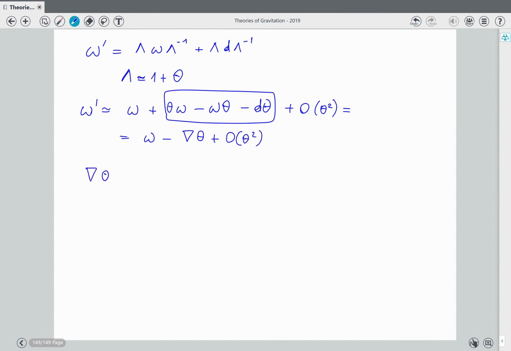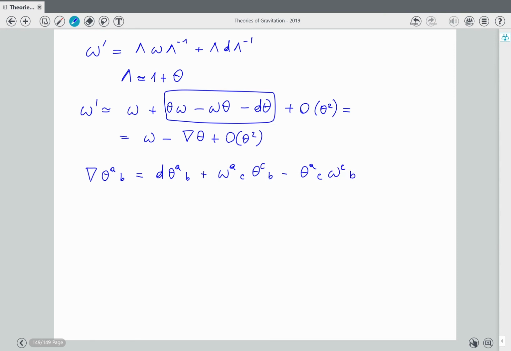Covariant derivative of theta, remember how we defined the covariant derivative of an object? With two indices, you have the exterior derivative, then you have an omega for the first index, if it is for the superscript, and here you have a minus omega to the other side, for the subscript.